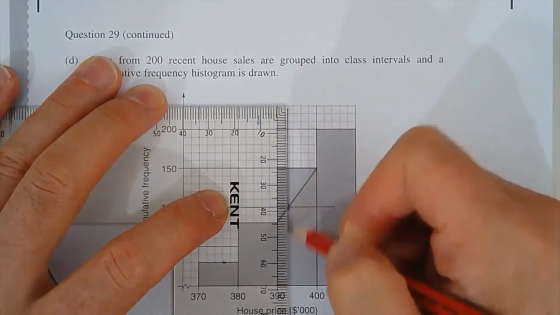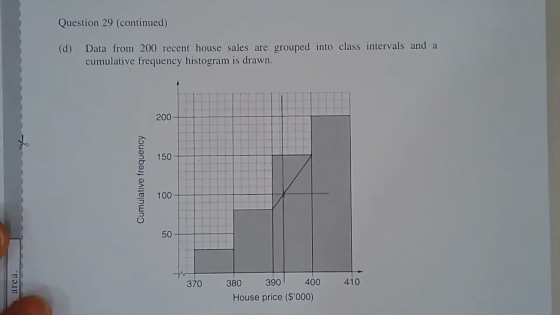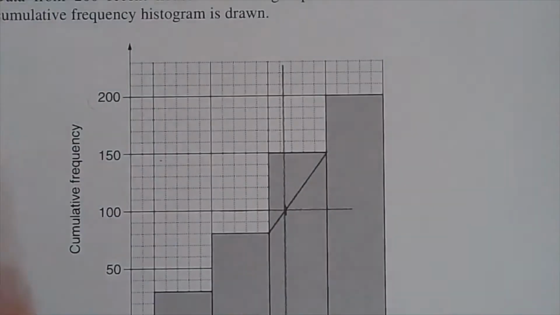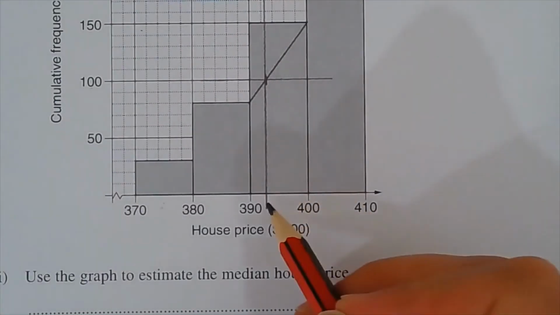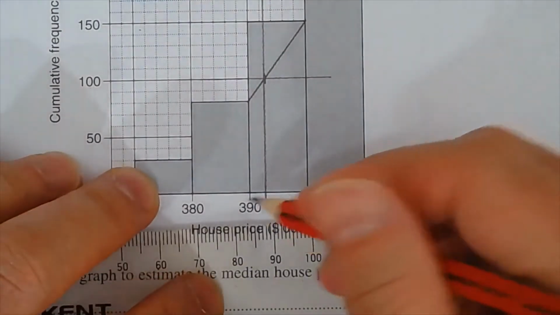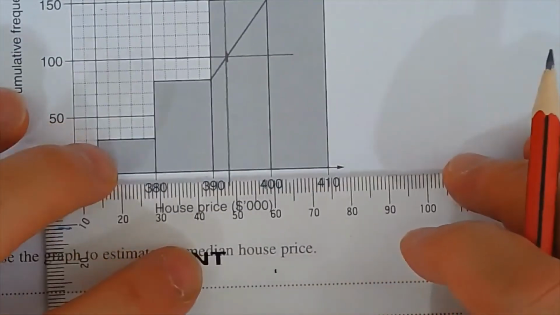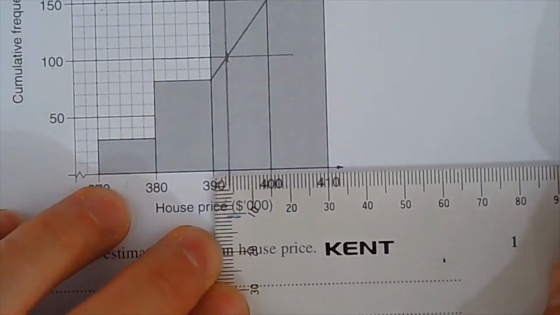Something along those lines there. I'll just zoom in a little bit further on that. We need to estimate roughly what this point is here. If that's 390 to 400, why don't we just measure how many centimeters that is.